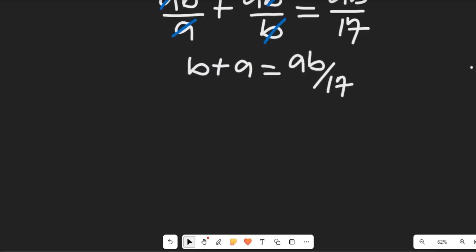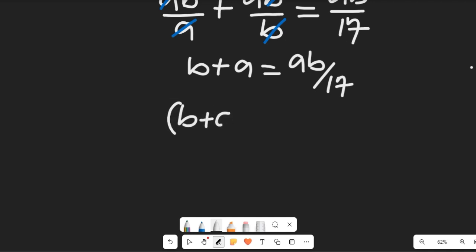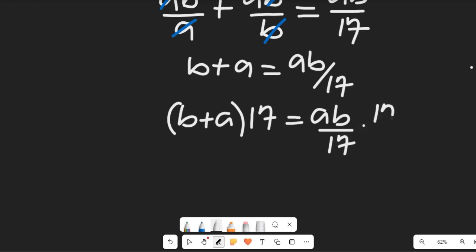We need to clear out the fraction, and the fraction is 17. So we'll multiply both sides by 17. So we'll have b plus a multiplying 17 equal to ab divided by 17 multiplying 17.